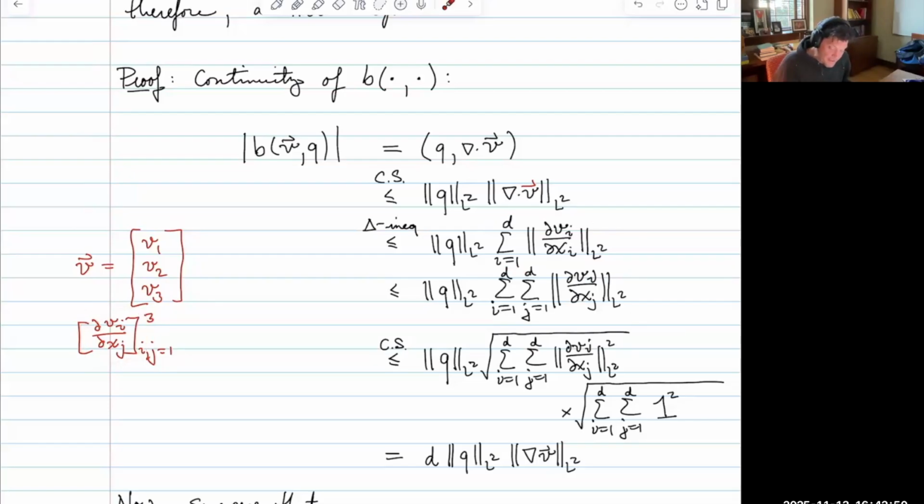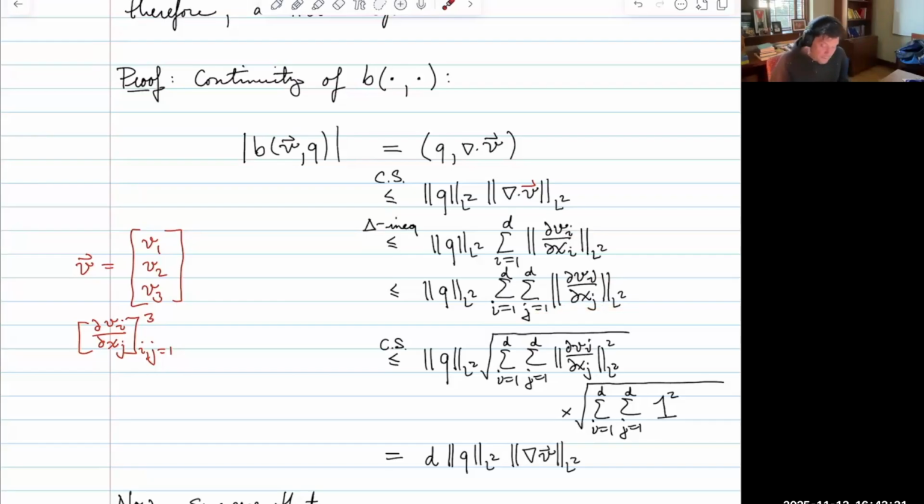If I want to come up with something bigger and a larger estimate, then instead of just focusing on the diagonal terms, I could use all the terms in that matrix. So in other words, if I want to replace this by something larger, we could replace it by the sum i equals 1 to d, sum j equals 1 to d of these objects here.